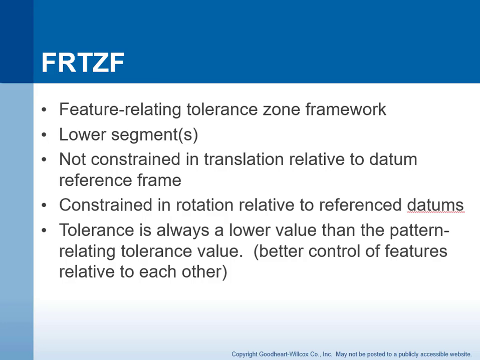It is constrained in rotation relative to the reference datums, and the tolerance is always a lower value than the pattern locating tolerance value. The reason why we do that is so we can control the features relative to each other better. It's like we don't really care where the pattern is, but once we're in the pattern, we tend to be a little bit tighter. We'll give some examples of that.